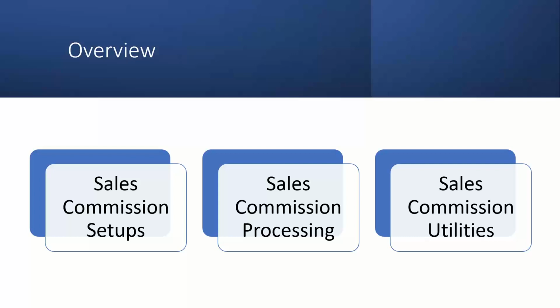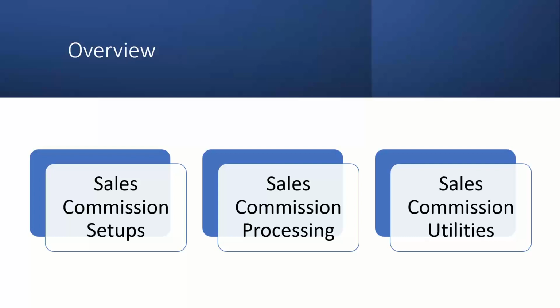So to begin with, let's take a look at the overview here. In order to set up commissions, there's certain areas we've got to go into the system, and there's certain things we've got to turn on and then set, depending on what modules we're using and whatnot. But in any case, we've got our setups that we first got to take care of. Upon completion of that, the next thing we're going to be going through is the actual processing.